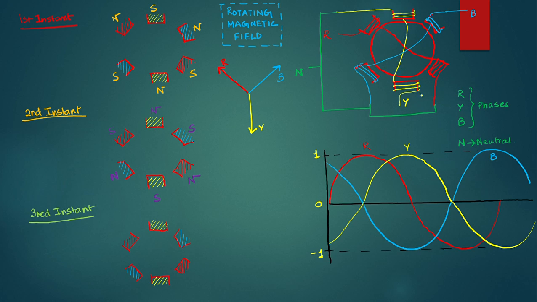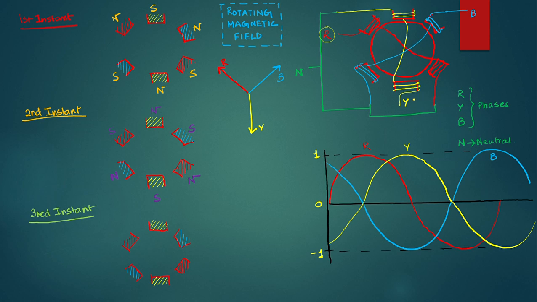So we have made the connection like this. This R phase is connected over here, and this line goes through the opposite pole and connects to the neutral over here.